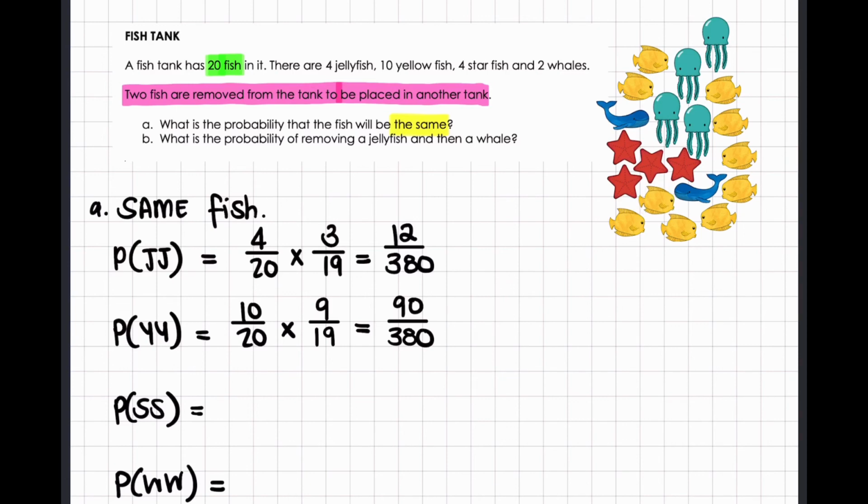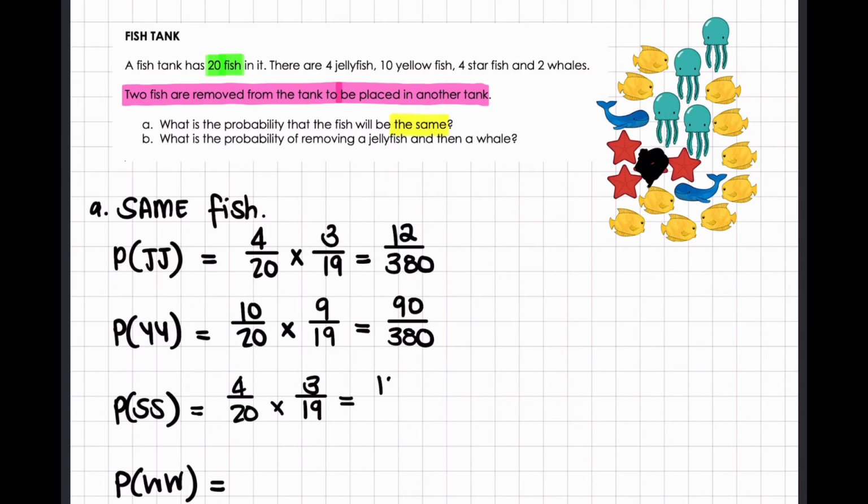What if both the fish were starfish? So first choice that I have is 4 starfish out of 20 fish in total, multiplied with, if I get rid of a starfish, so there's my starfish, he's gone. So now how many starfish do I have left? Now I only have 3 starfish left out of, and instead of 20 fish in the tank, I only have 19 fish left.